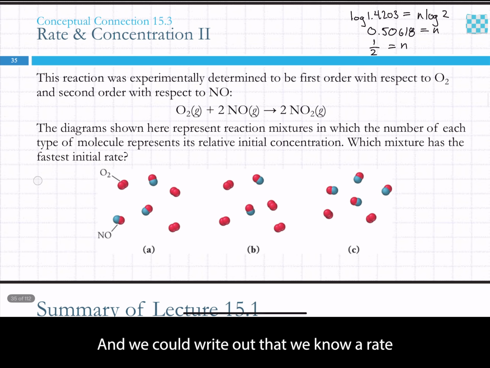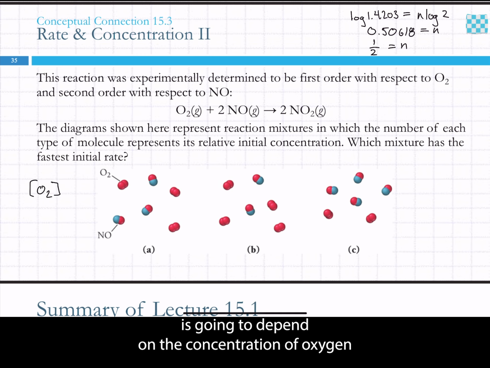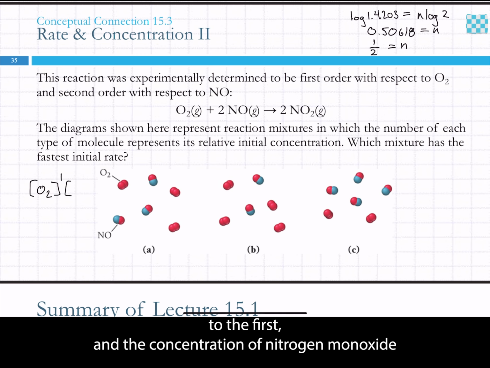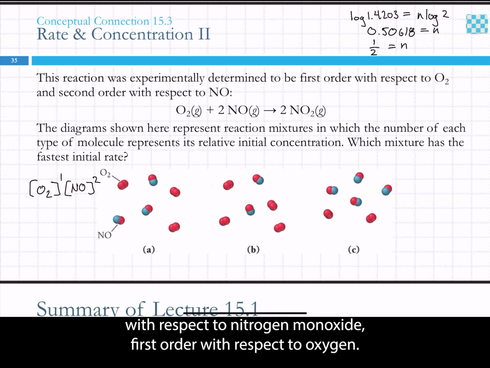And we could write out that we know our rate is going to depend on the concentration of oxygen to the first and the concentration of nitrogen monoxide to the second, because we're told second order with respect to nitrogen monoxide, first order with respect to oxygen.